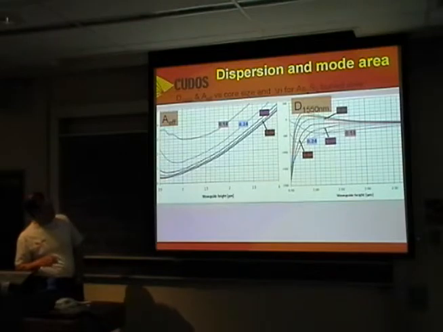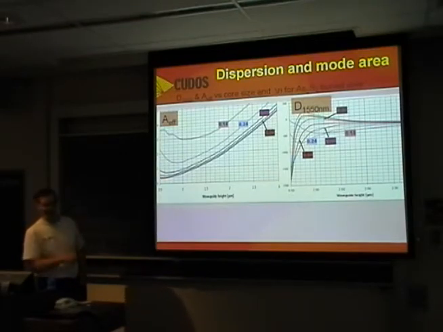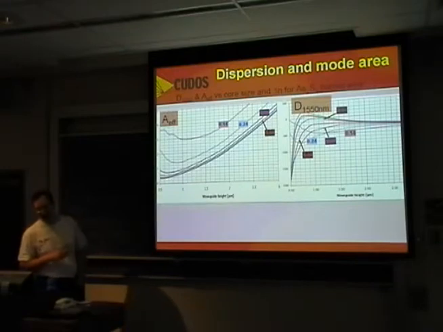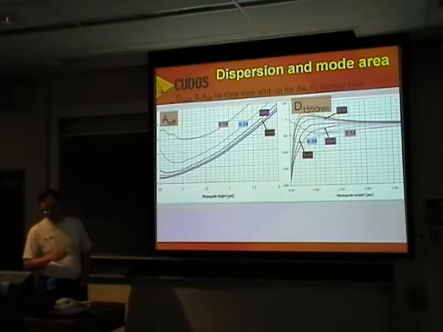So you can see it's pretty easy to get down to around about 0.4 square microns, which is quite nice. That's a very small mode. The penalty comes in with the dispersion. First thing you can see is that there's no way to get to zero dispersion until you've got an index contrast of around about 0.9, basically. So that has some quite profound implications in terms of what you can do.